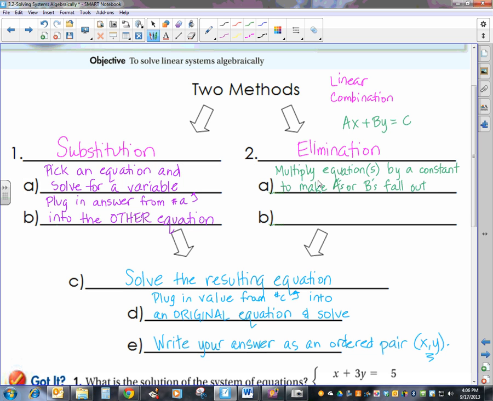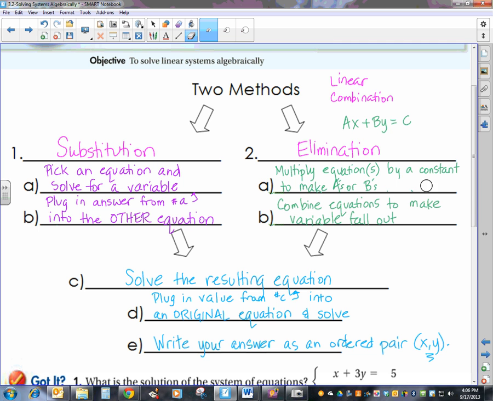And after you do that, you're going to multiply the equations by a constant to make the A or B's fall out. Then you're going to combine the equations to make the variable fall out. And actually I said fall out. Let's change this so that you'll understand a little bit better.